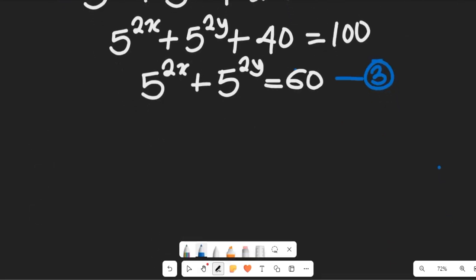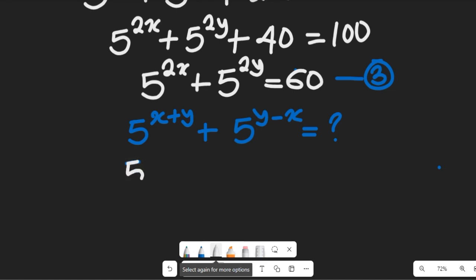If we look at that expression, we have 5 to the power of x minus y plus 5 to the power of y minus x. Considering that expression, I want to apply the laws of indices. If I apply the laws of indices here, I can break this to give me 5 to the power of x. Remember, this is going to be negative, right?